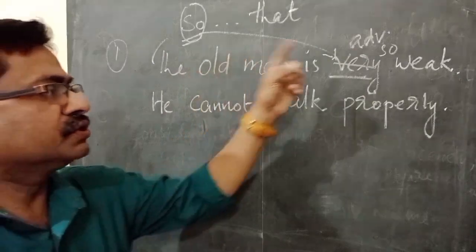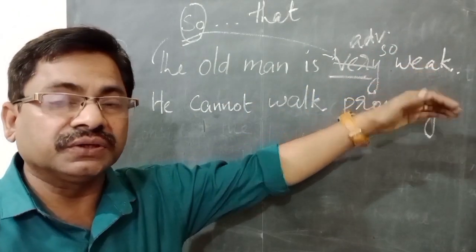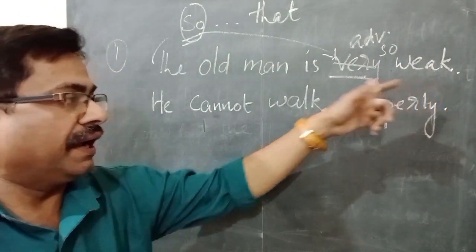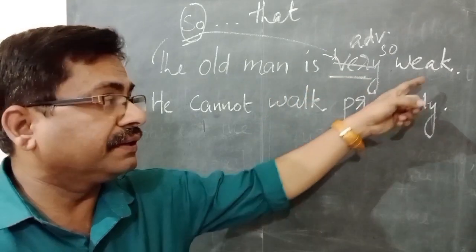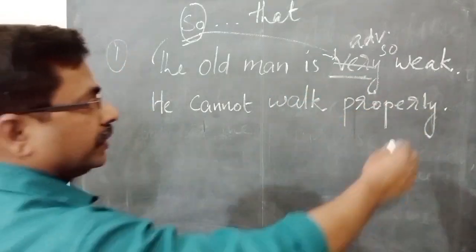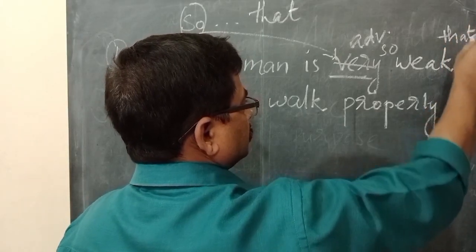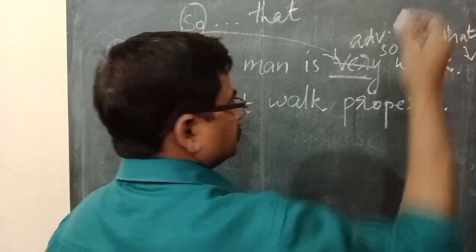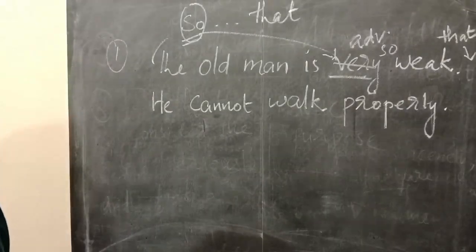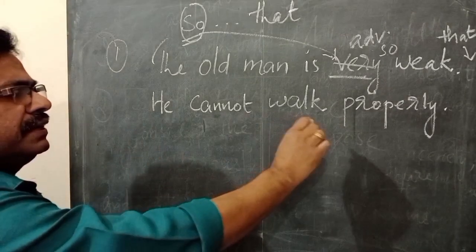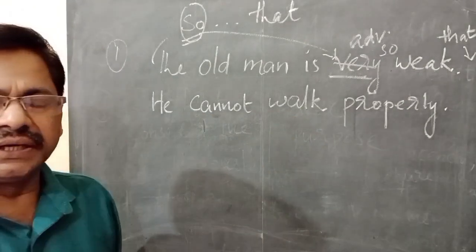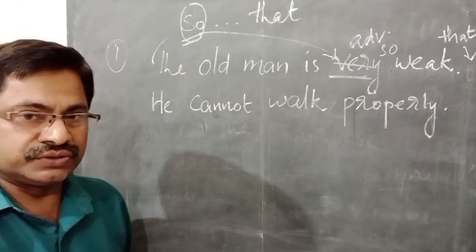The old man is so weak. The first clause is over, and after completing the first clause you can use "that". Next you can complete the second clause without any change.